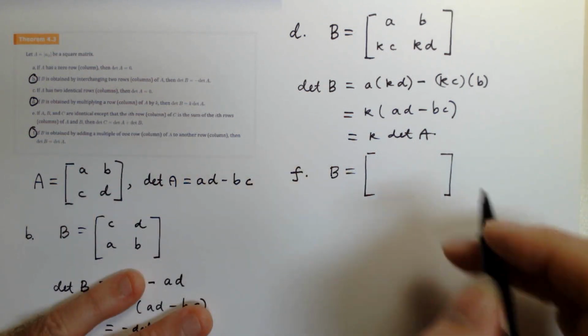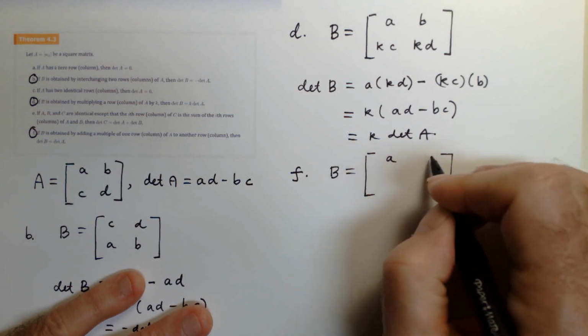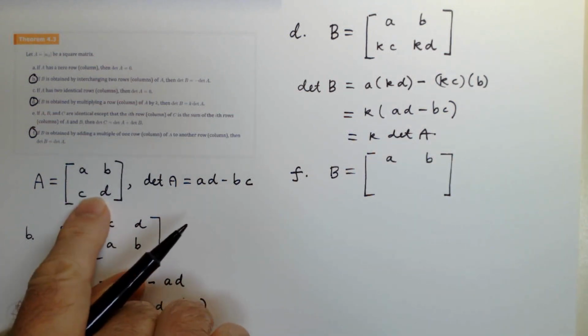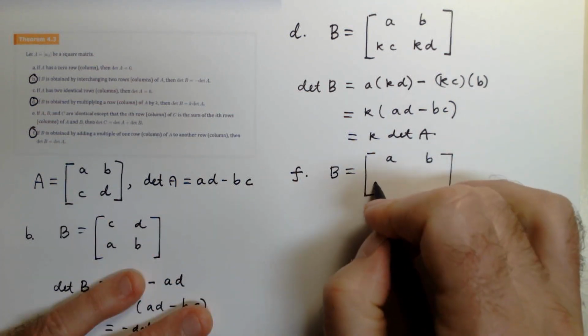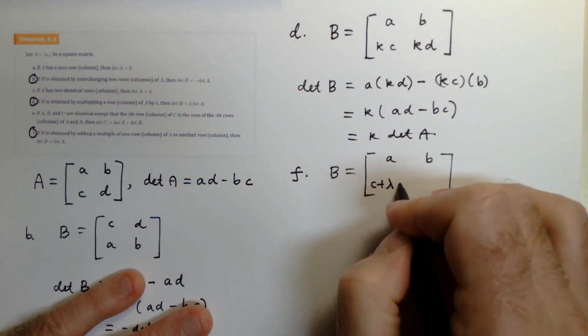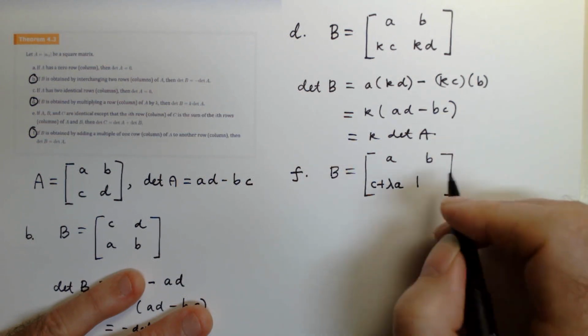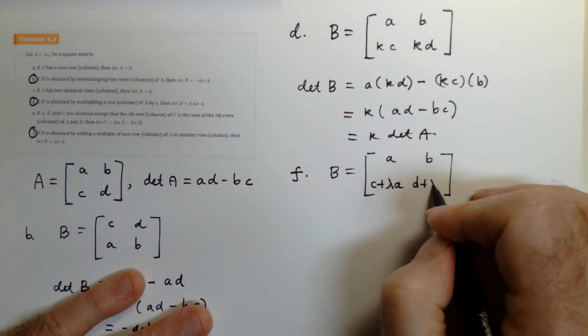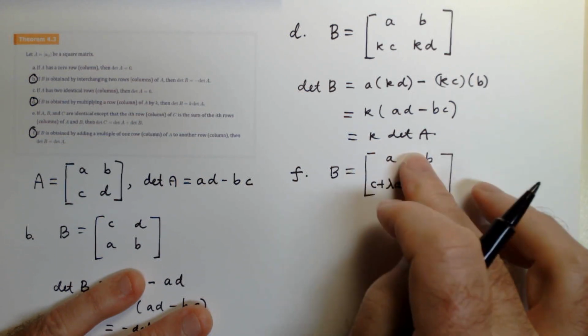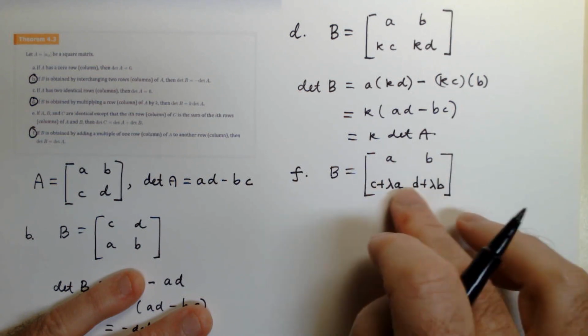So our row 1 will be unchanged. But in row 2, we're going to see C plus lambda A, and in row 2, we'll see D plus lambda B. So we've taken a multiple lambda of row 1 and added it onto row 2.